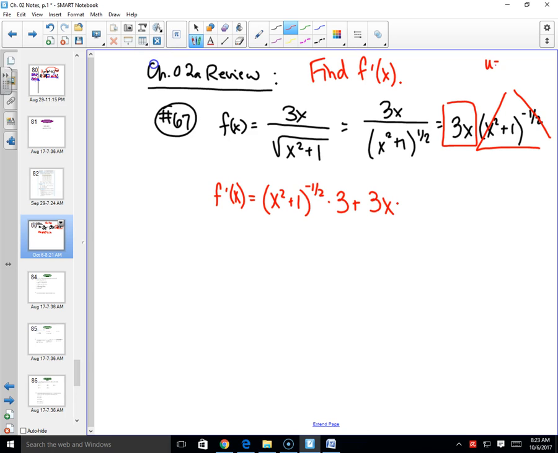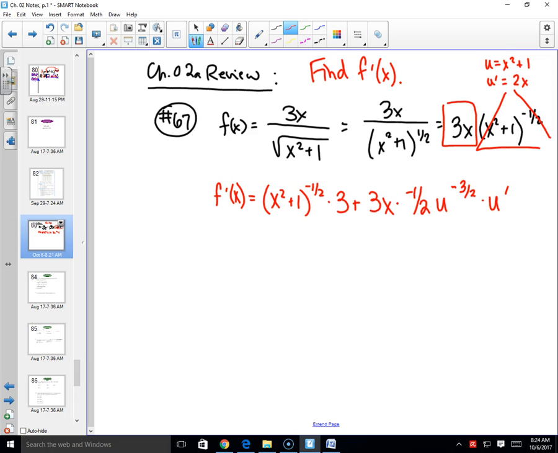Okay. How do I take the derivative of the second? Why am I writing a u? Chain rule. It's u to the -1/2. If it's helpful, you could write u to the -1/2, then -1/2 u to the -3/2 times u prime. Because you bring down the -1/2 for the u, keep the u, and subtract 1.